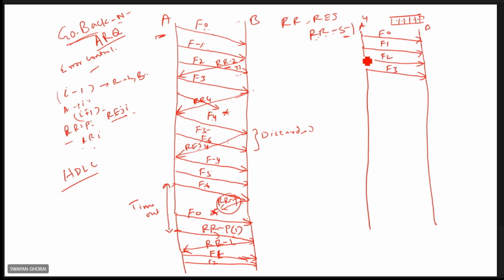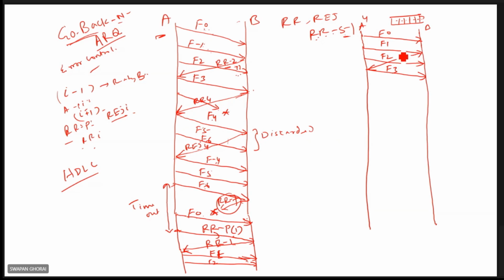The frames are transmitted as usual. This is sliding window flow control. So there can be cumulative acknowledgements after, say, 0, 1. You see, it sends the acknowledgement. This should be after sending.